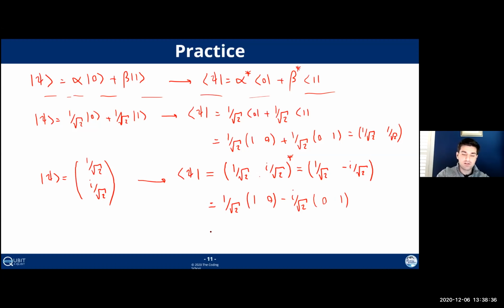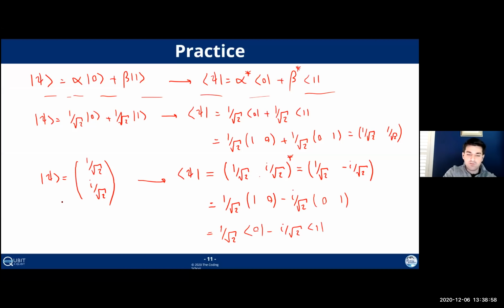Again, as we discussed earlier, the 1, 0 row vector is just the bra of 0, and the 0, 1 row vector is just the bra of 1.